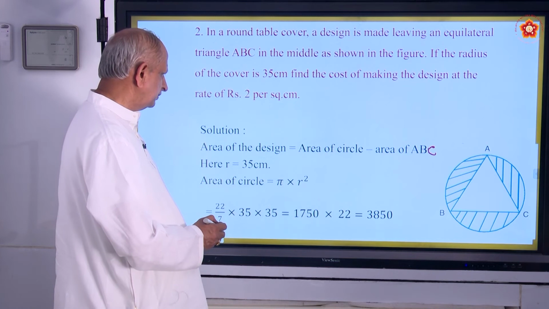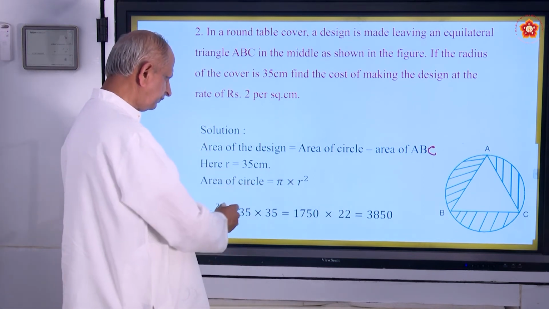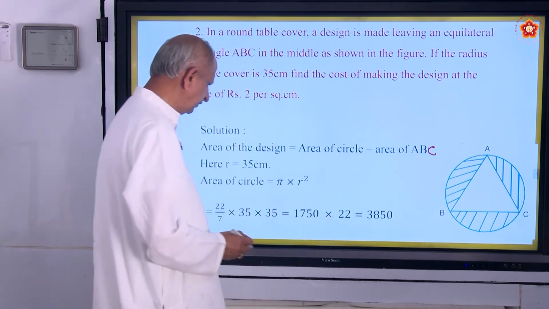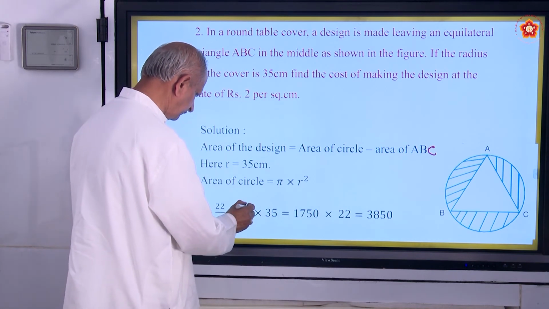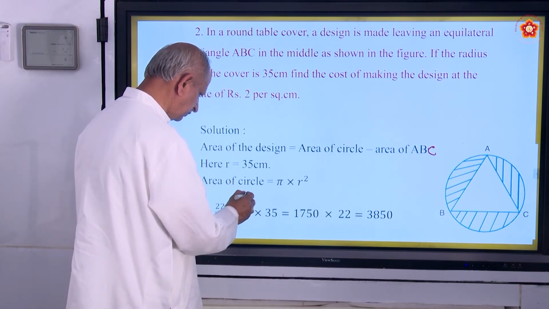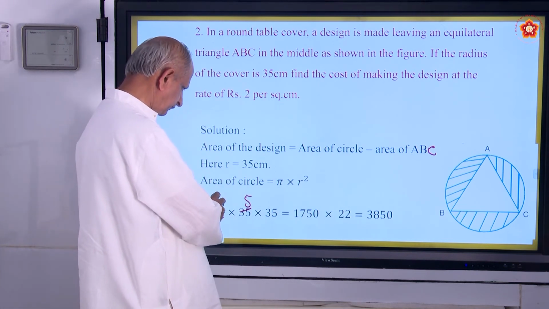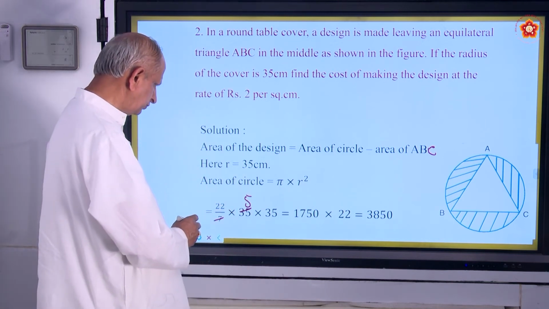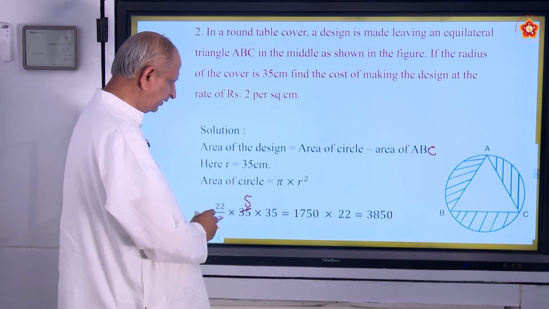We applied the formula and it comes to 3850. 7 ones are 7, 7 fives are 35, so you have 35 into 5, 175, into 22, that comes to 3850.